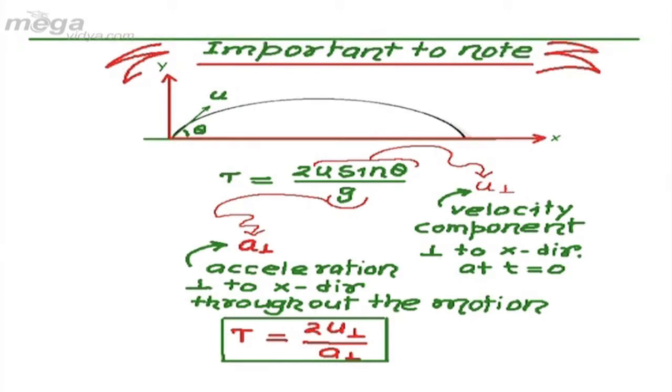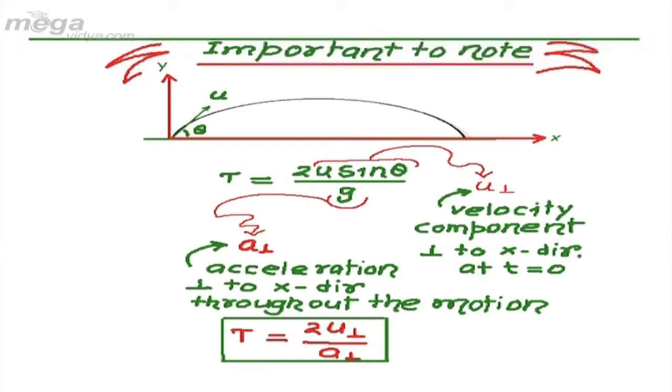So, I had written u sine theta to be the u perpendicular, the component of velocity of projection perpendicular to the surface over which it has been thrown. And on the other hand, a perpendicular, I have taken it as g here because g is perpendicular to the plane on which this projectile has been thrown.